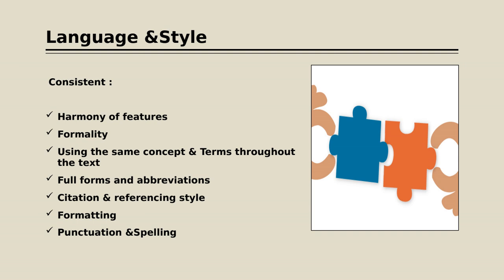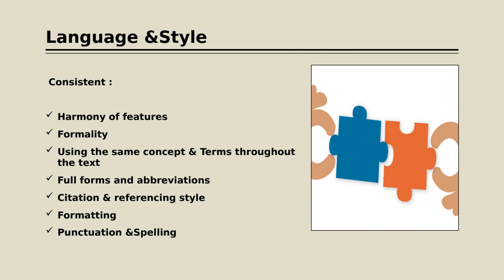The citation and the referencing style should be unified all through the text. It will be one style. If you are using APA, for example, go through the text using APA style.